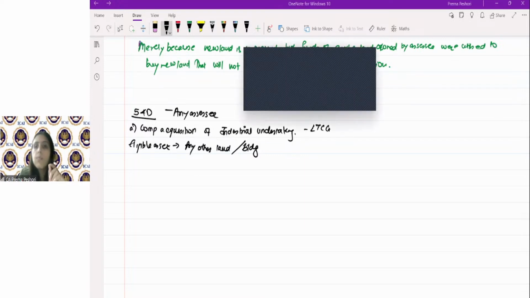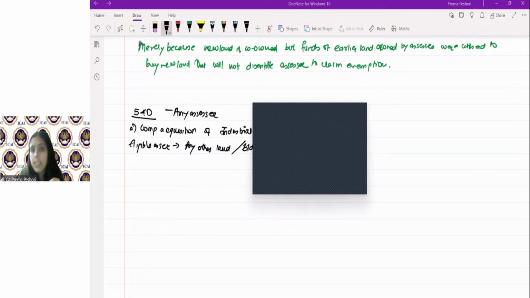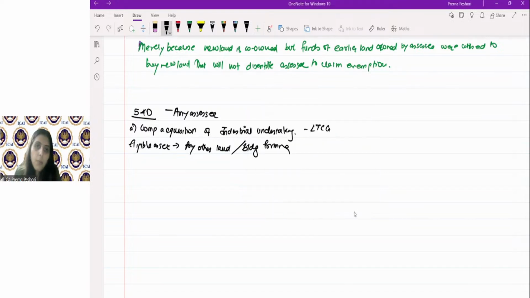The land or building or any right in the land or building should have been purchased by the assessee. Then in that particular case, the assessee will be eligible for exemption. So any other land or building forming part of the industrial undertaking or used for the industrial purposes.